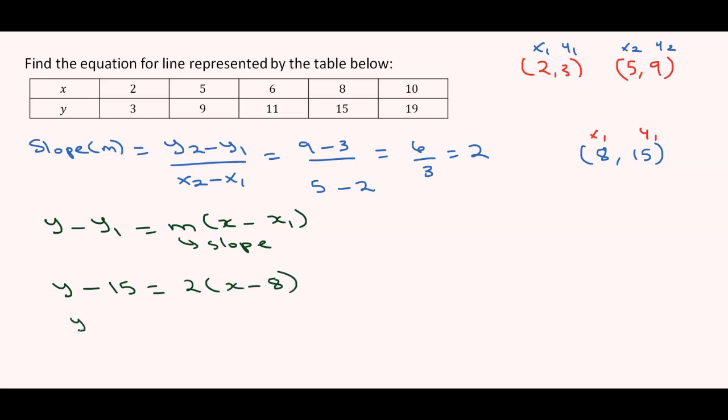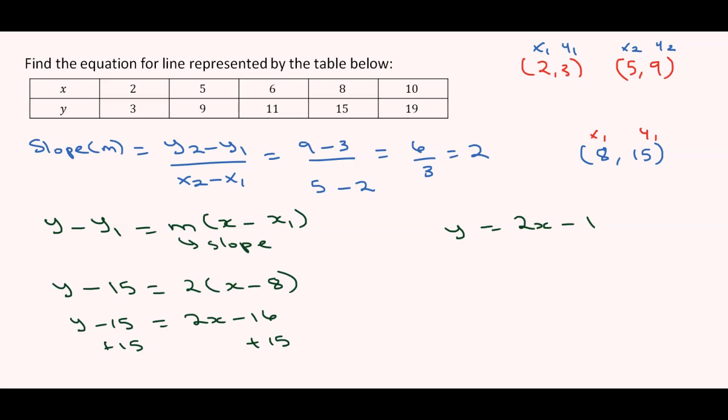So we have y minus 15. We distribute the 2. It's going to be 2x minus 16. So we add 15 to both sides. So we now have y equal to 2x minus 1. Very interesting. So let's go ahead and test one point.